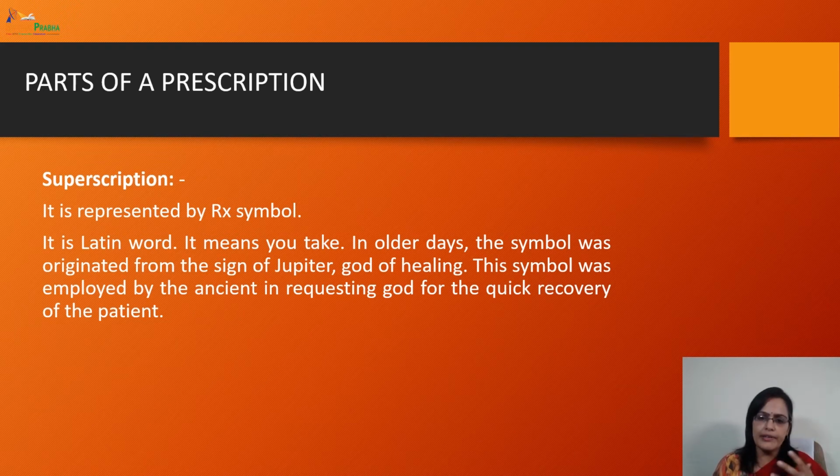In the older days, the symbol originated from the sign of Jupiter, god of healing. This symbol was employed by the ancient people in requesting God for the quick recovery of the patient.